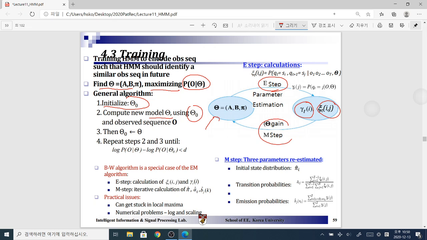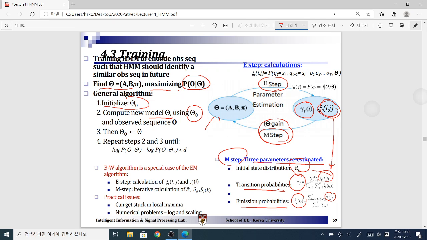And then we take the M step, where the three parameters are re-estimated: the initial state distribution, the transition probability A sub ij, as well as the emission probability B sub j of v_k. The transition probability involves the individual psi t of ij, whereas the emission probability involves the gamma sub t of j.